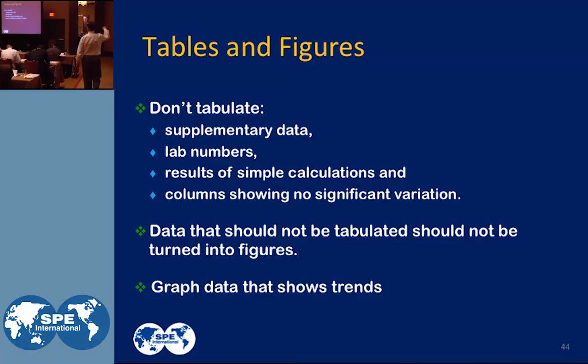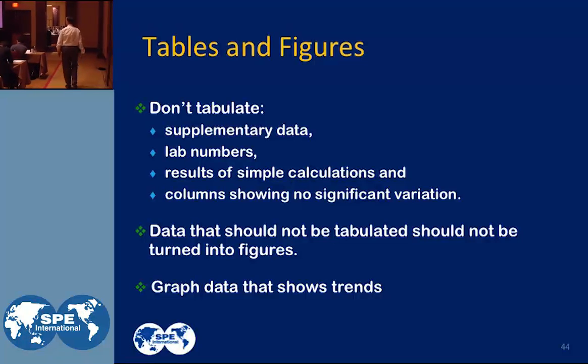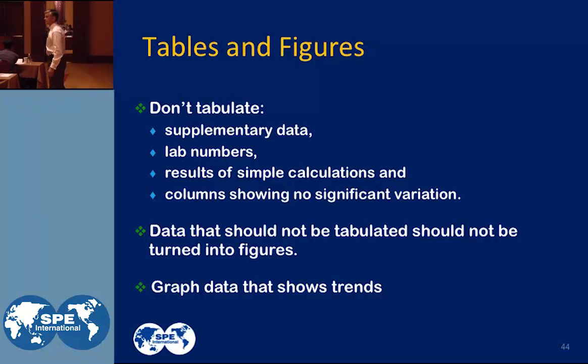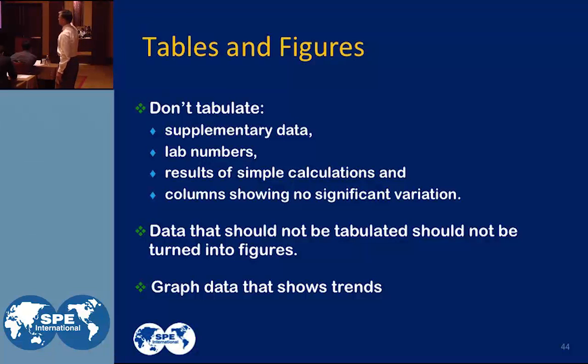Okay. Data that should not be tabulated, don't put it into a figure. Okay. Graph-only data, put it in a figure that shows trends. Okay. If you've got a shotgun blast of points out there, you can put it in as a figure, but then you've got to explain why it's different from what you expected. I don't expect you would want to put that in.